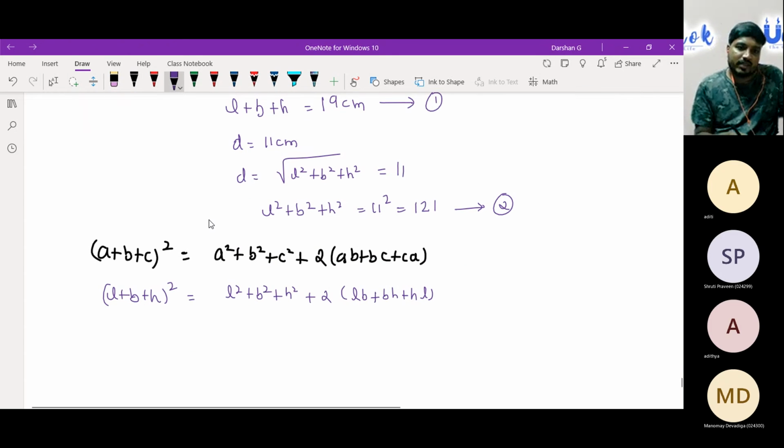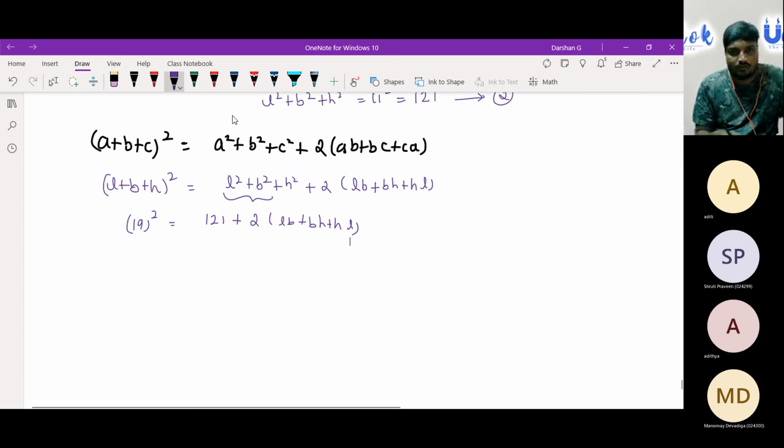So L plus B plus H is 19 squared equals the complete part, 121, plus 2 times of LB plus BH plus HL. This is nothing but the surface area. So you have to just find that. So surface area, I can just simply write this one as surface area.